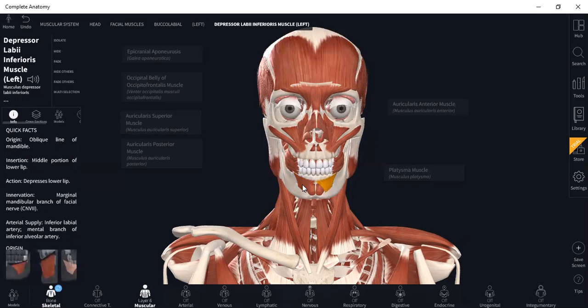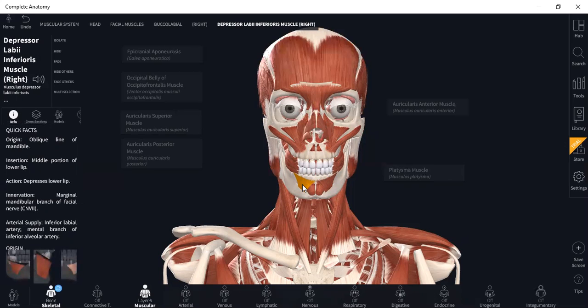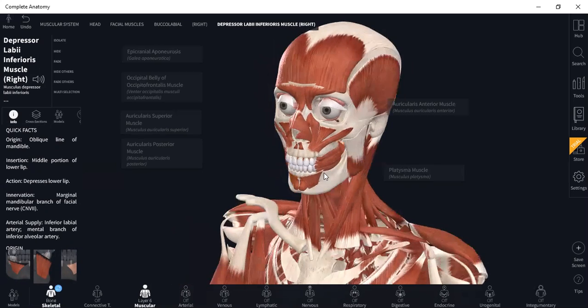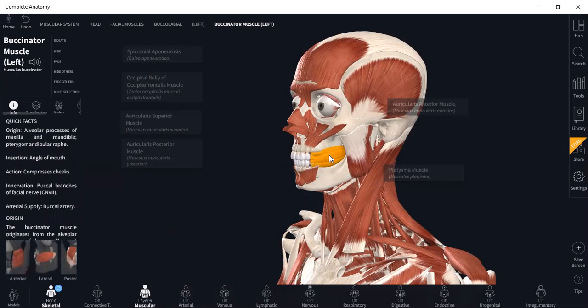These are depressor labii inferioris, and when they contract, they will lower the lips. This is buccinator. When it contracts, it will compress the cheeks.